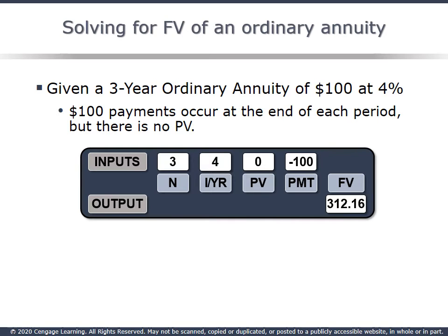And the future value here is $312.16. Remember, something has to be a negative, or you have to change the sign for your calculator to work. Since there's no present value, you could assign either payment the negative sign or just let future value be the negative sign. Let it solve for you, and your display will be negative. You will just disregard that negative sign.